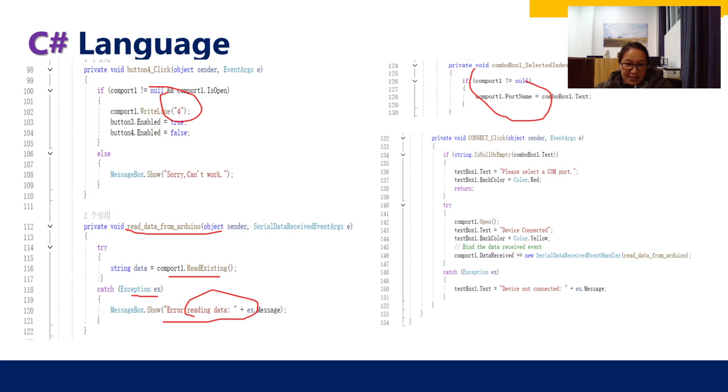This method is an event handler for the selected index changed event of the COM box control named COM box 1. When the user selects a different item from the COM box, this method is triggered. It checks if the COM port object is not null.